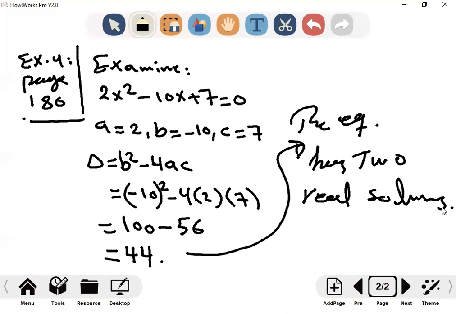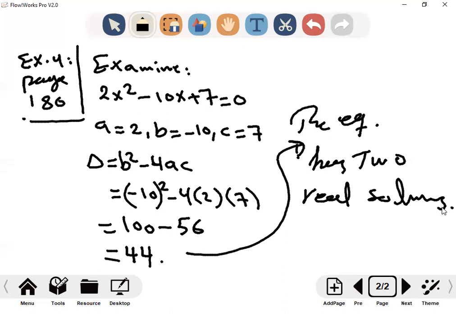In part B, let's read. The discriminant is non-zero. Non-zero means either positive or negative. It's positive here. The discriminant is positive, and they added: and not a perfect square. What's the meaning of not a perfect square?